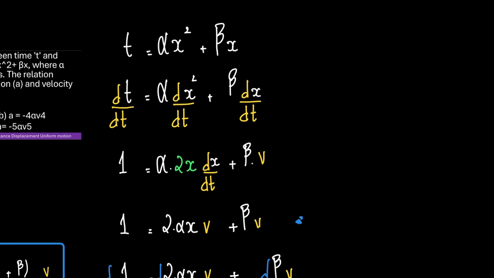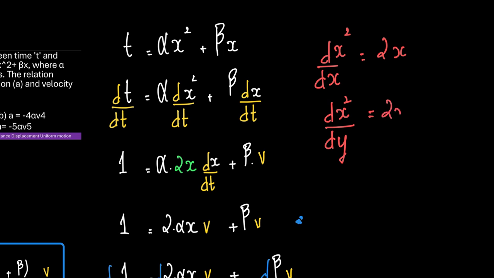Maybe I'll define this. What is d by dx of x square? It is 2x. But what is d by dy of x square?